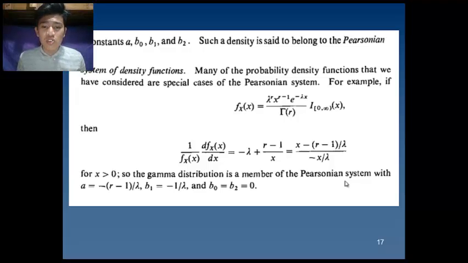So the gamma distribution is a member of the Pearsonian system with a equal to negative (r minus 1) over lambda, b sub 1 equal to negative 1 over lambda, and b sub 0 and b sub 2 equal to 0. So that ends my report.